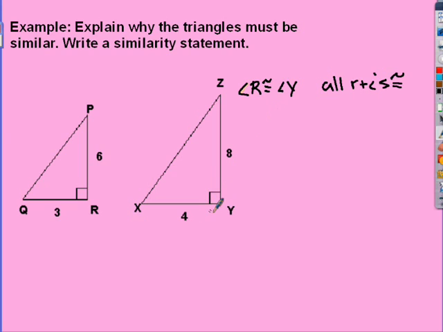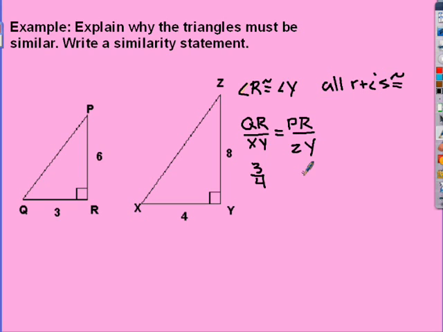So in order for this to be proven by side angle side similarity, we need the angles congruent, which we have. We have a set of congruent angles, and we need the sides that include the angles to be proportional. So we need to show that QR over XY is equal to PR over ZY. Well, what's the ratio of QR over XY? Well, that would be 3/4.